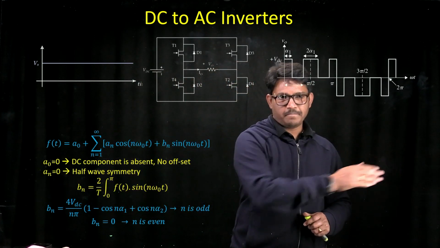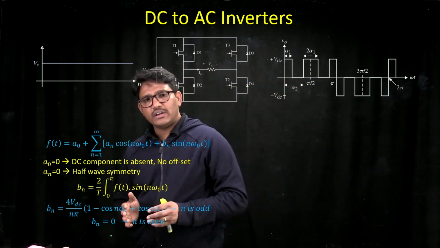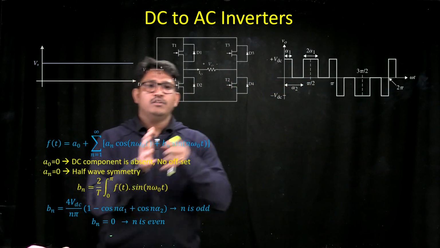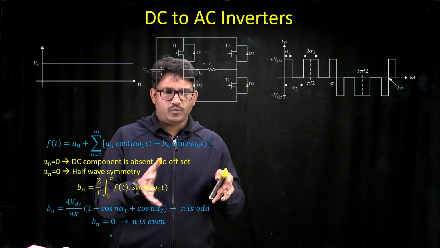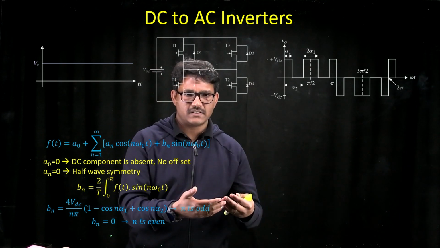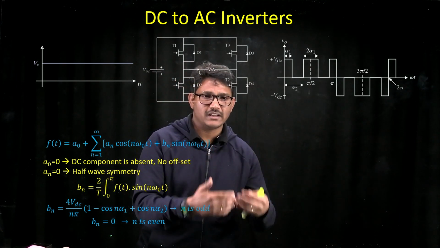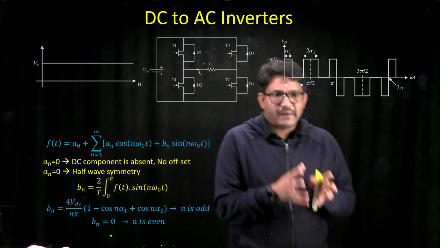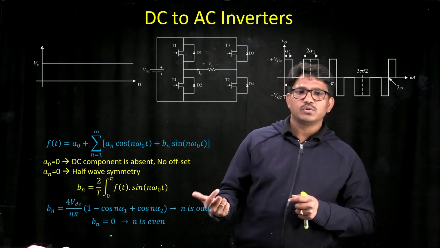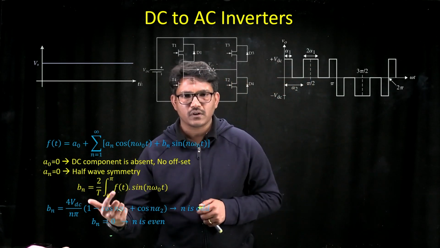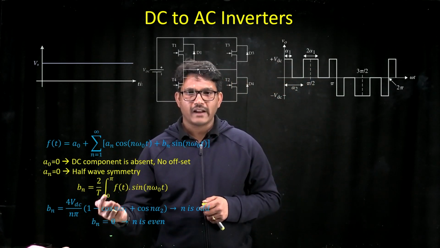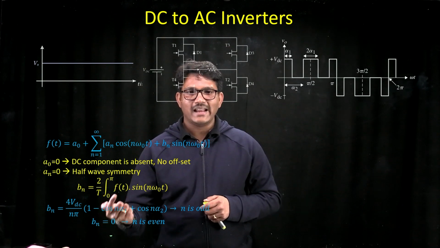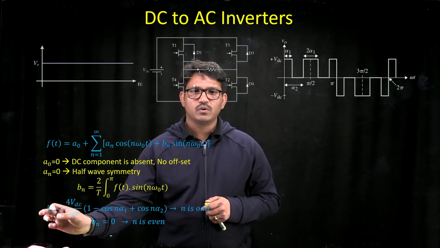For example, if I want to eliminate third order and fifth order harmonics, because we are always interested in eliminating the harmonics that are close to the fundamental, and higher order harmonics may not be a bigger problem. So if you want to eliminate third order and fifth order harmonics in this case, then for n equal to 3 and n equal to 5, I don't want to have any Bn.